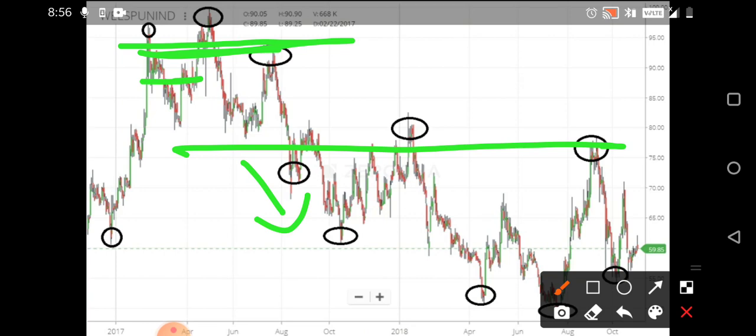So basically the word resistance comes whenever the stock is not able to cross a particular region and it has a pullback, as we discussed at the start of the video. And in the same way when the stock is continuously falling, it reaches a certain region where it starts reversing, and that is called support. Okay, so these are the basic terms regarding support and resistance.